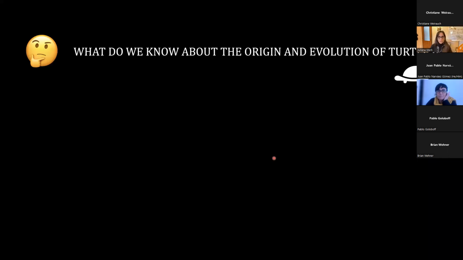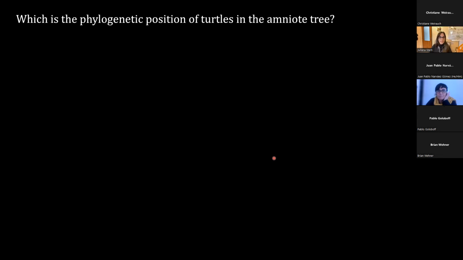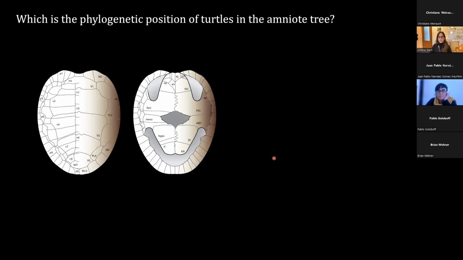So what about the other question that I was posting today about the origin of turtles? Maybe that's one of the most controversial things about amniote evolution, because we don't know exactly which is the position of turtles in the amniote tree.